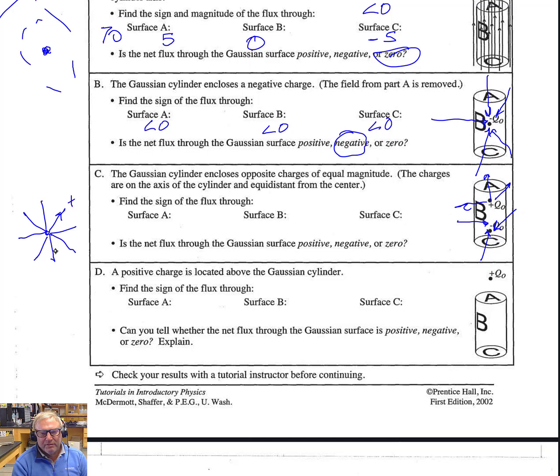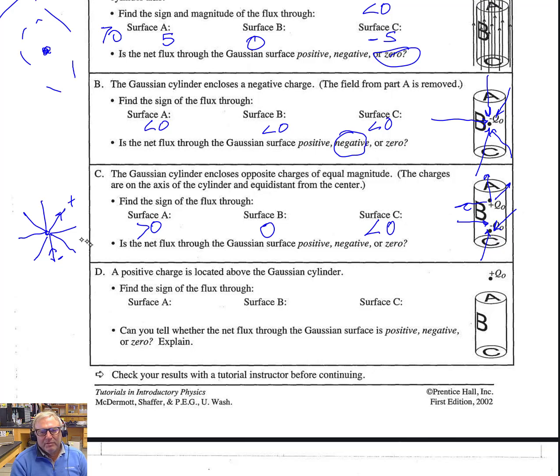So that's for positive, and then the negative charge would be negative, right? By looking at this, surface A, since it's a fixed area but further away from Q0, is going to have more positive lines, so that's going to be greater than 0. Surface B is going to be 0 because any lines that pass in or out are pretty much going to be matched. And then surface C is going to be less than 0.